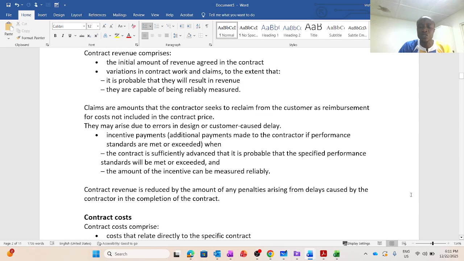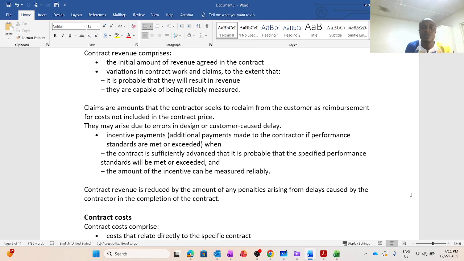So what you need to know is that if it is variable or contingent consideration, it should be probable, a greater than 50% chance that the construction company will meet that particular condition. Secondly, the cost should be measured reliably. These are the two conditions. Other than that, we are not going to include the variable consideration as part of the revenue recognition process.